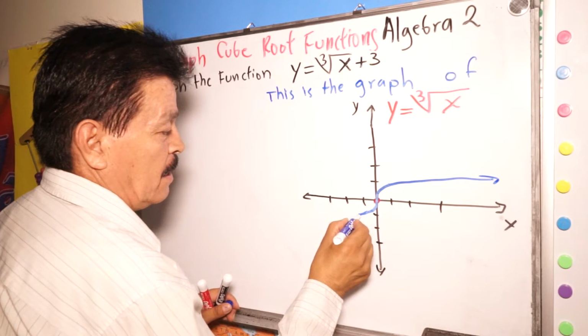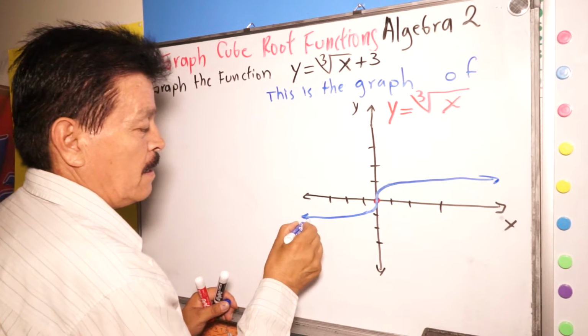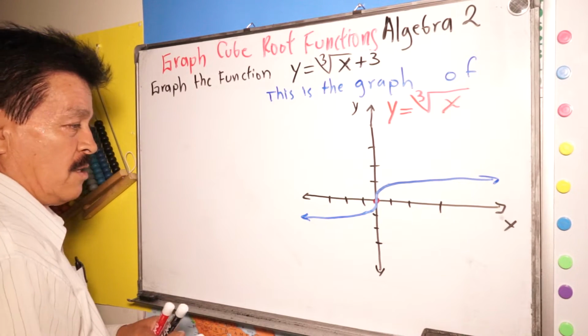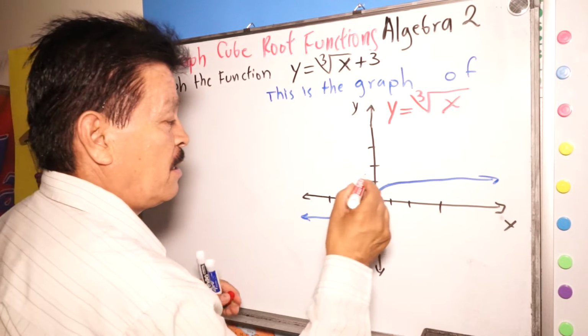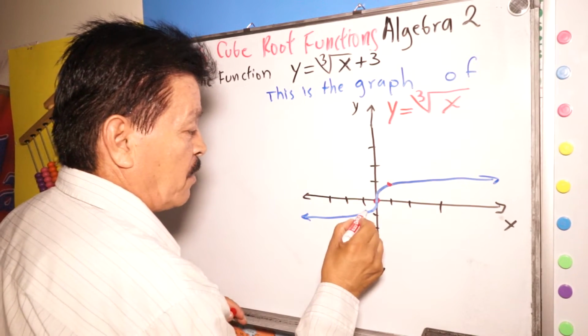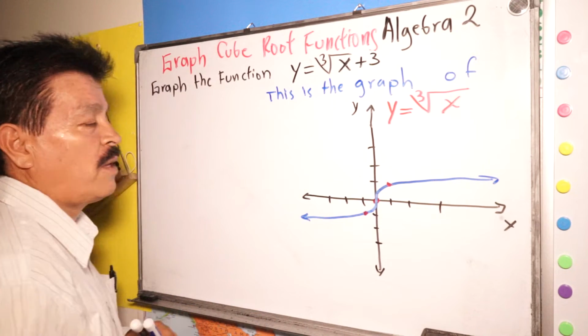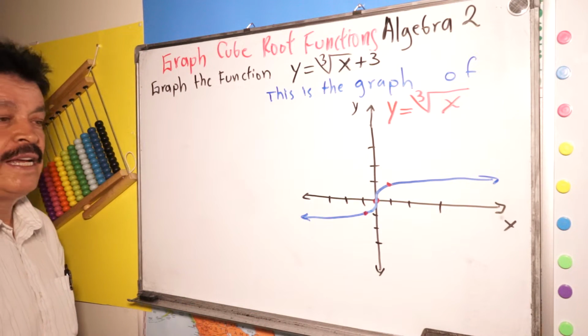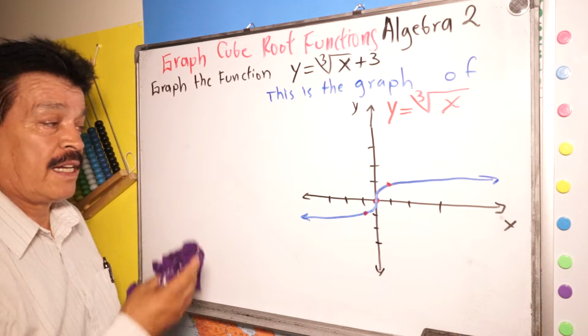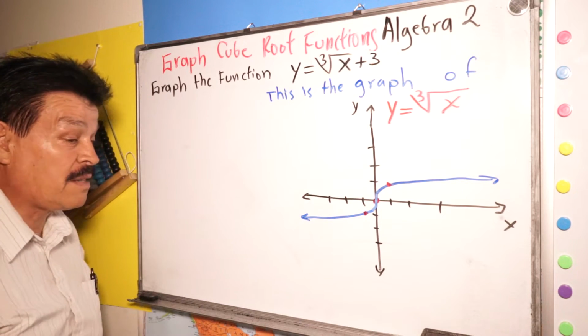So you have one point here, another point right here. All right, it's symmetric about the origin. The graph is symmetric. That's very important.